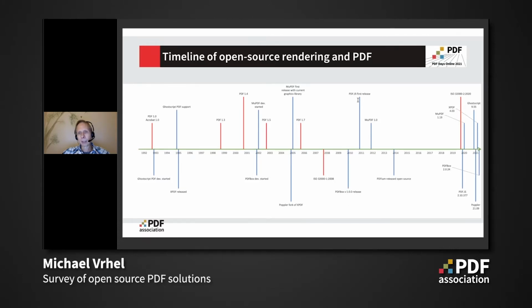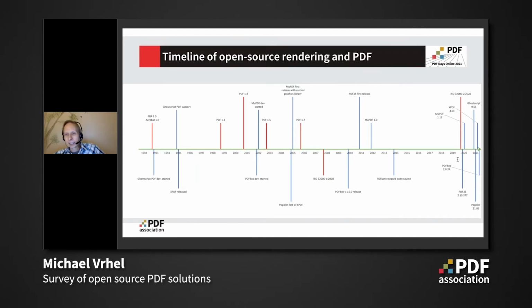In 2011, pdf.js was released, and in 2012, MuPDF 1.0 was released. Then in 2014, PDFium was released as open source, and then I'm going to fast forward all the way to 2020 and 2021, where I've crammed in all the most recent releases of everything.